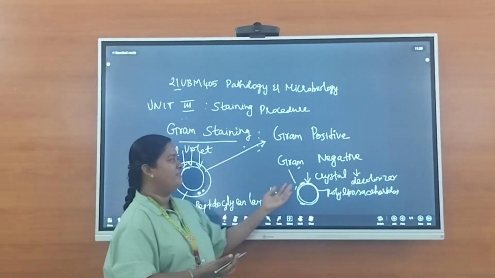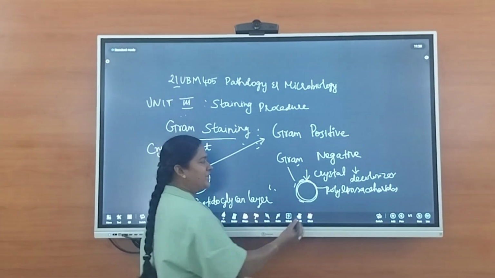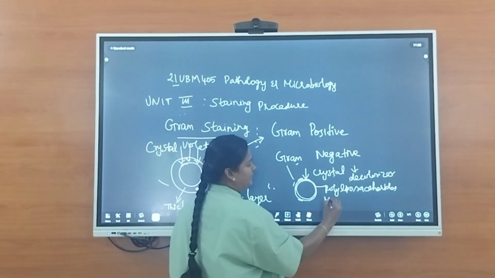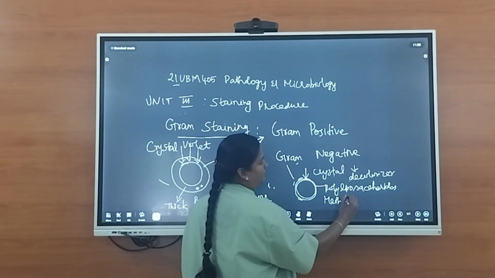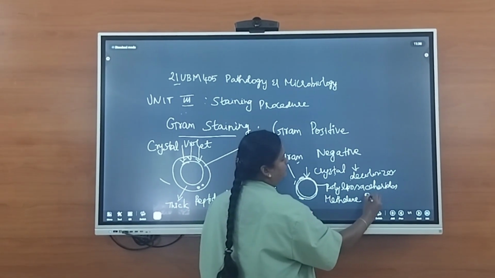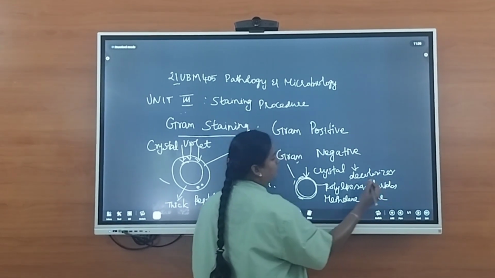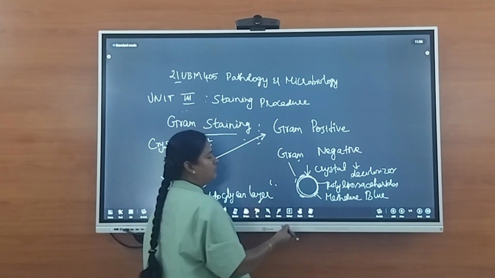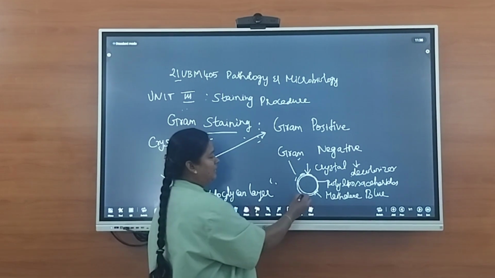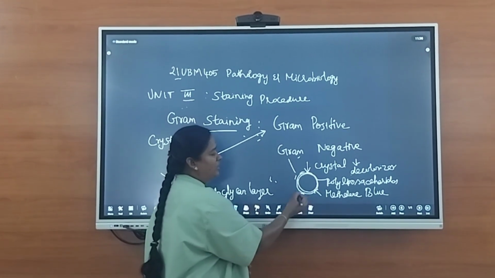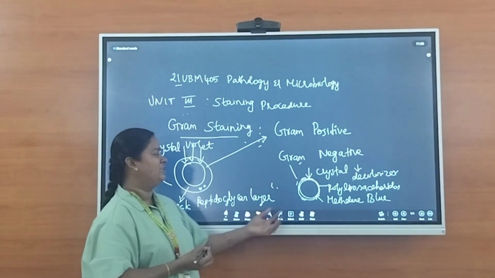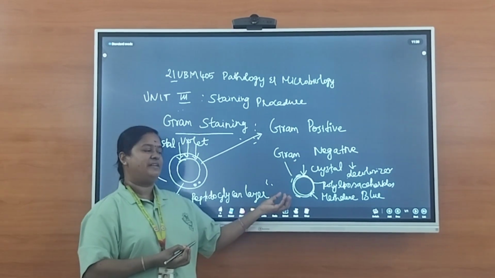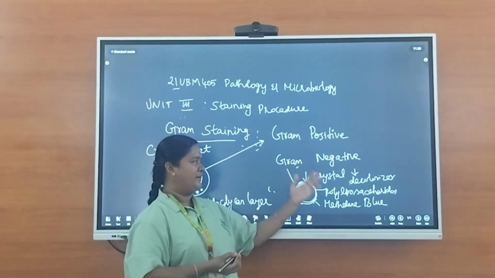For that we use a counter stain, known as methylene blue. The outer layer is colored with the methylene blue, so that we can easily identify the gram-negative.